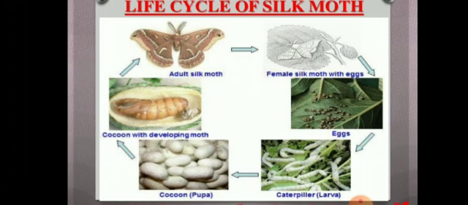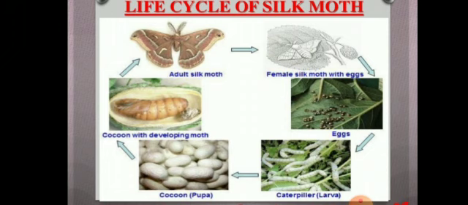Unwinding of silk thread from the cocoon is done by soaking the cocoon in hot water, and it is called reeling. Then 3 to 4 silk fibers are twisted for weaving, to prevent the silk yarn from splitting. This process is known as throwing.